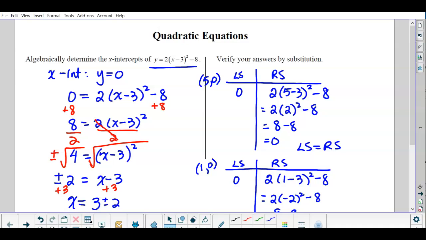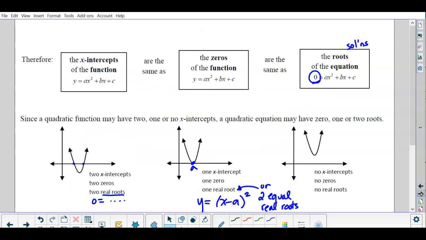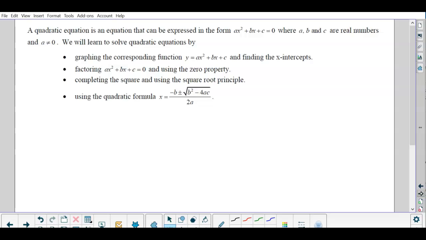That's kind of the longest method. It's the one you're probably going to use the least. We might ask you to do one like that, but most times you always check for factoring, okay? Because that's the fastest. If you can't factor, then most times you're not going to do this method.